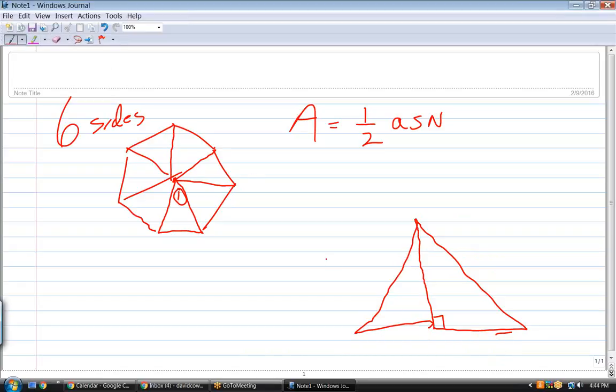Just think how we did it before. Right, exactly. Is it 60? Uh-huh. So this whole angle is 60 degrees. What's the half angle here? 30. Okay. Now I'm going to make the radius 1.